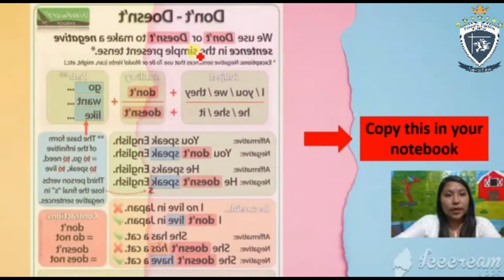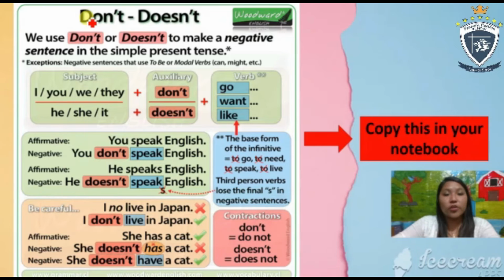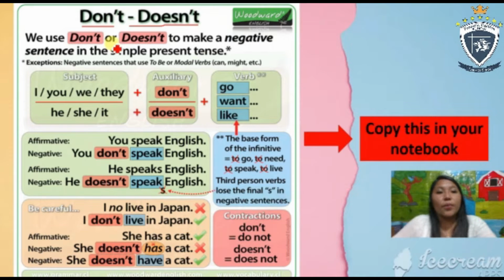We have here another chart. We have don't or doesn't. We use don't and doesn't to make a negative sentence in the simple present tense. Let's check. There are some exceptions. Hay algunas excepciones.